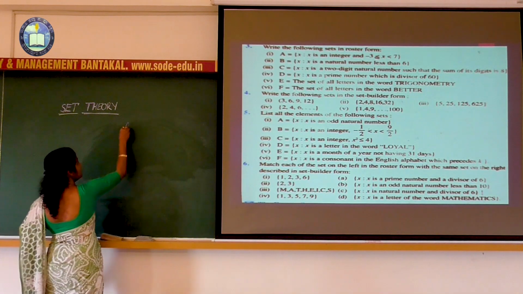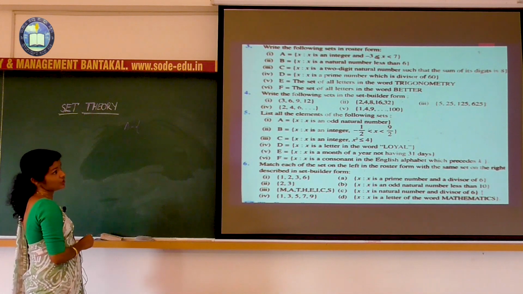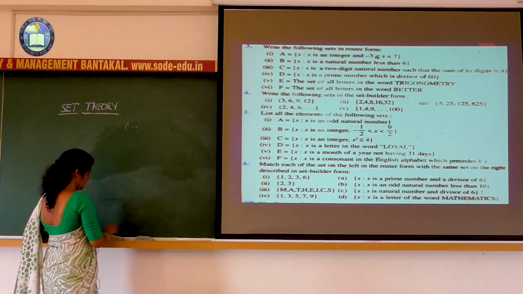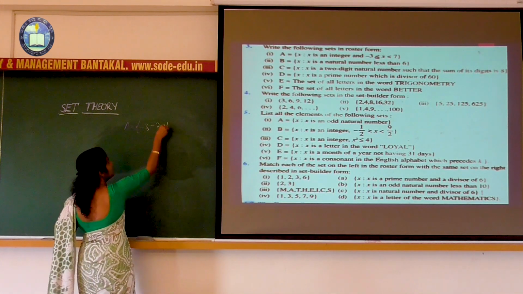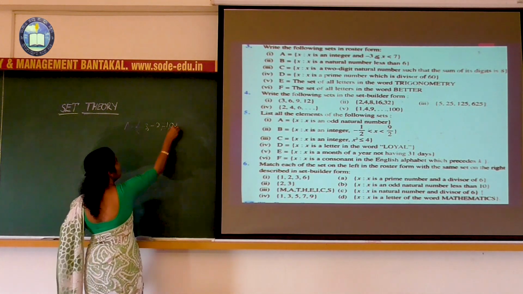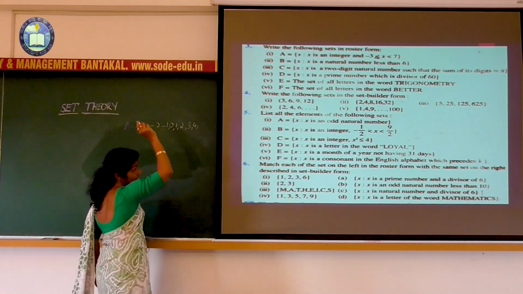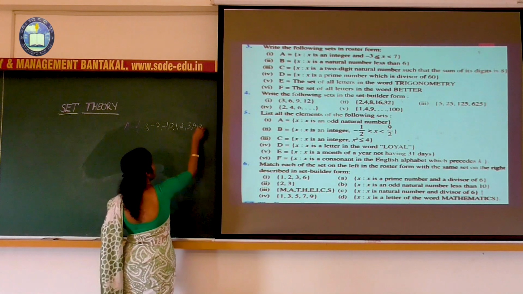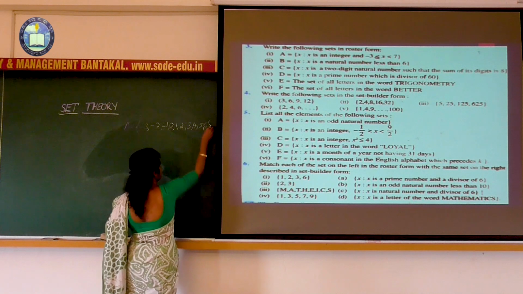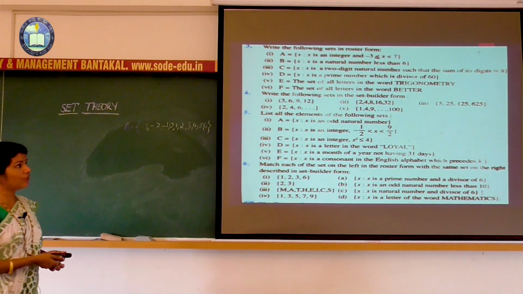Use the same letter, that is A now. A consists of integers starting from minus 3. So if we list out: minus 3, minus 2, minus 1, 0, 1, 2, 3, 4. Till how many? It should be less than 7. So 4, 5, 6. So this is in the roster form or tabular form.